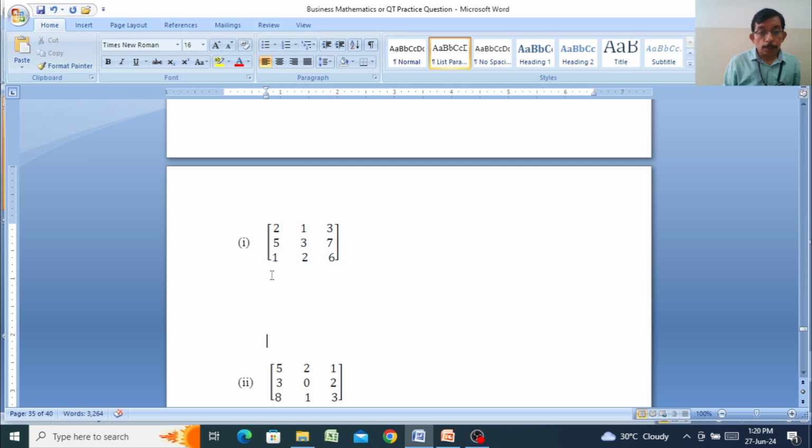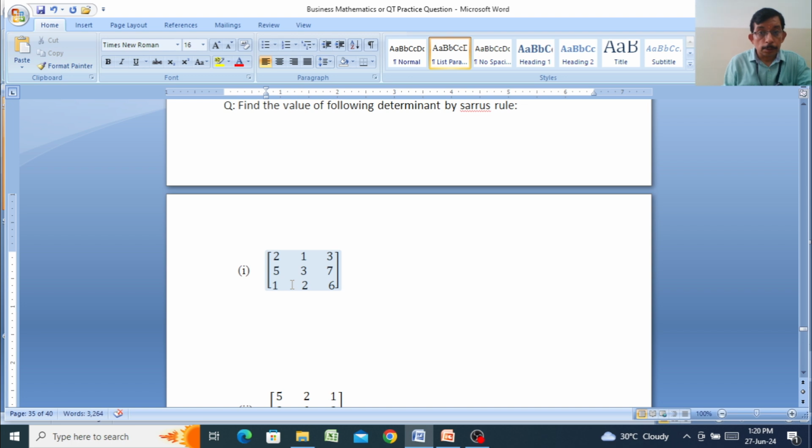First we note down, solve by Sarrus method.